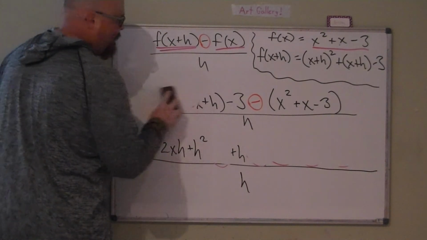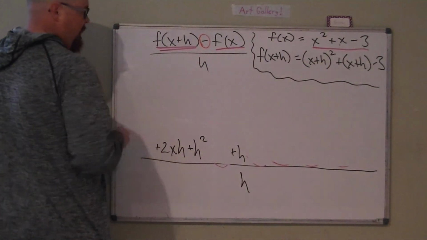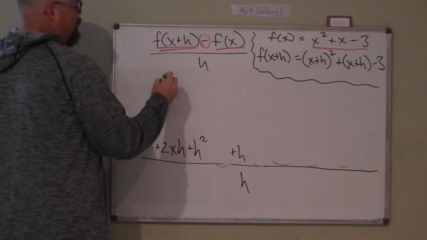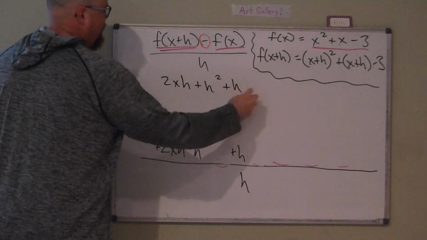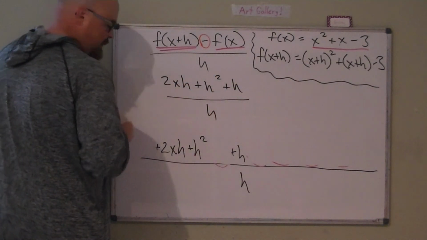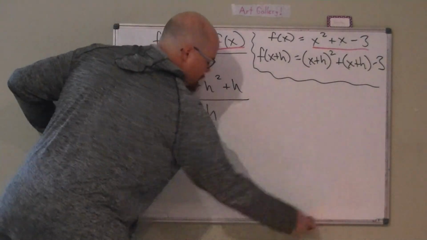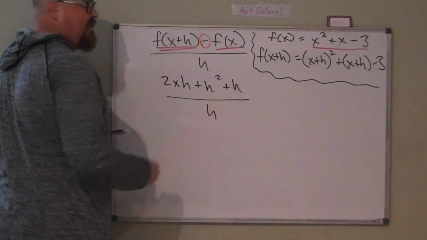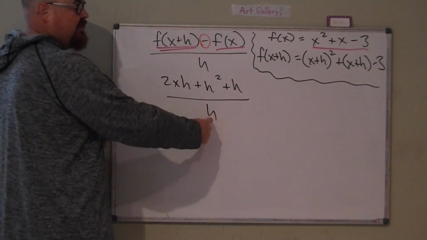Okay? Now I'm going to erase this because I'm going to run out of room here in a second. All right? So what I'm left with, I'm going to write this up here. I've got 2xh plus h squared plus h all over h. And the nice thing here is the reason we want all of these terms to have an h in the end is because I have this h in the bottom.